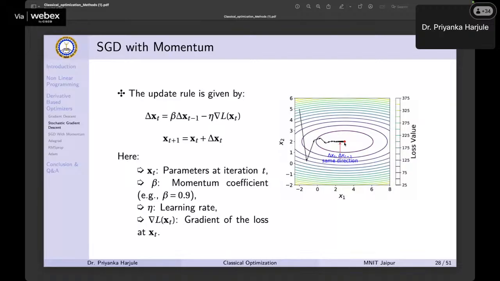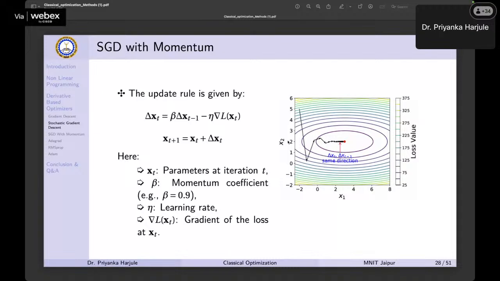So SGD with momentum fixes this instability and inefficiency of the vanilla SGD, the usual SGD that we saw without momentum, by incorporating this momentum term, which takes into account past gradient information, and hence helps stabilize the update direction and accelerate convergence.